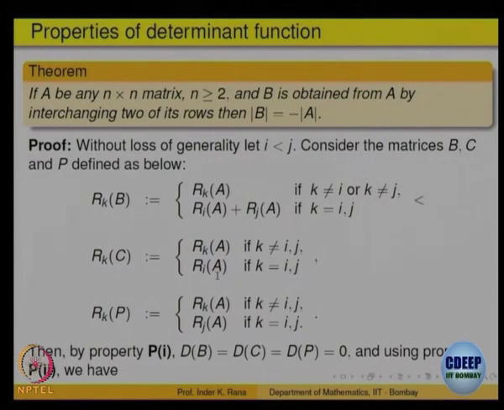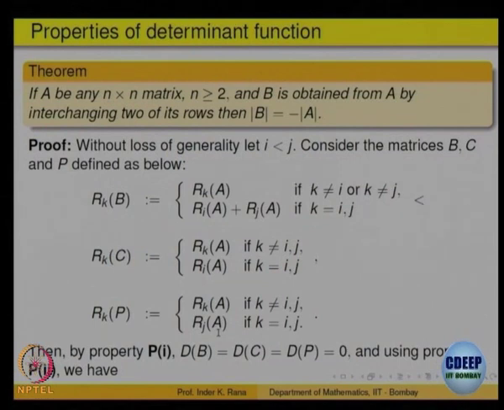Again there are two identical rows. And similarly the matrix P, where both rows are the jth row of A. So, all these three will have determinant 0, because in each one of them two rows are identical.